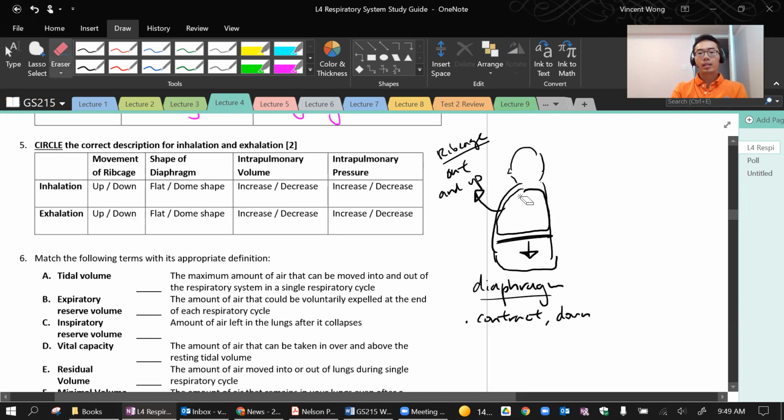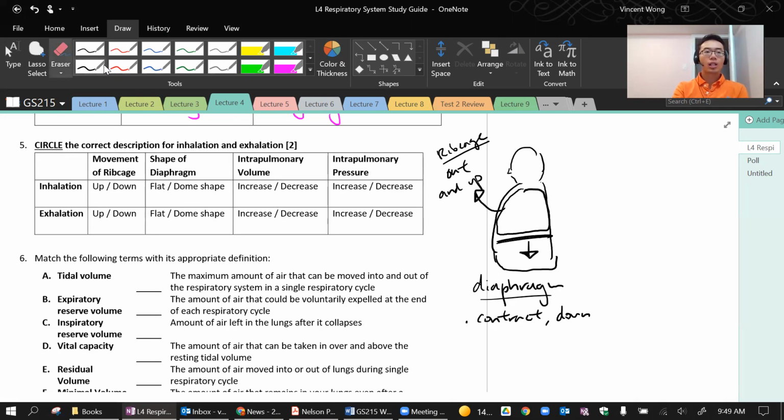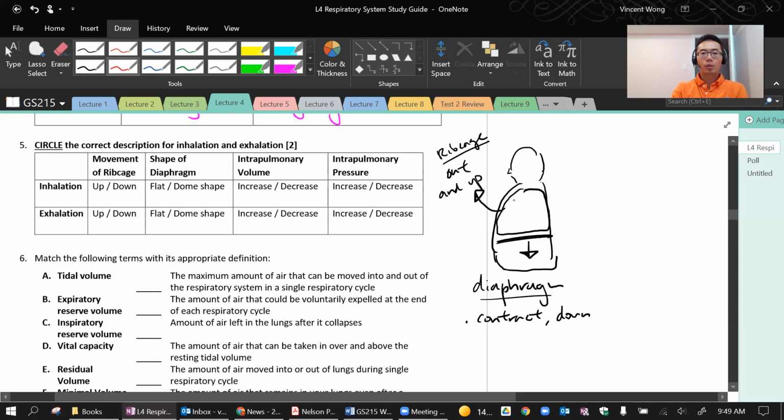The visceral pleura will be connected to the lungs, but the parietal pleura will be connected to the rib cage or the diaphragm. So when the parietal moves, it will pull the visceral with it. So collectively, this will increase your lung volume. And by Boyle's Law, we know that this will drop the lung pressure, decrease PI.